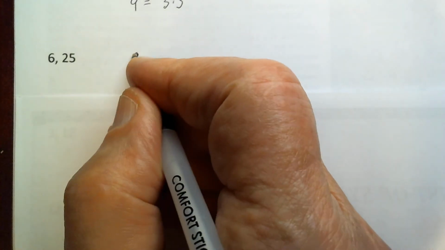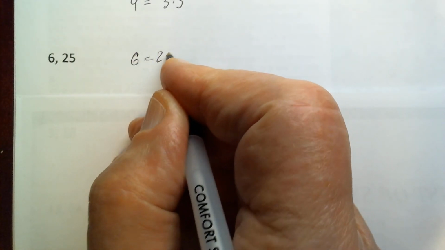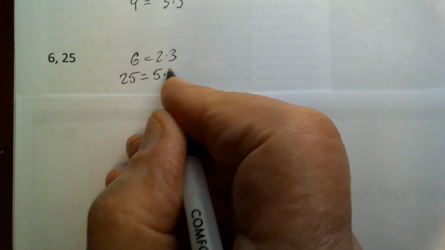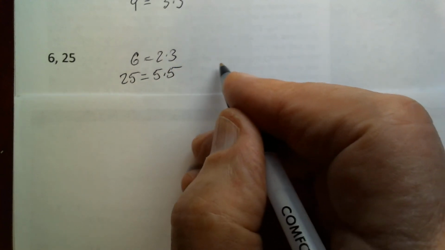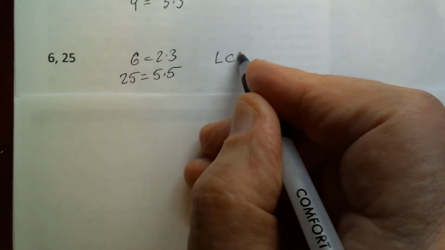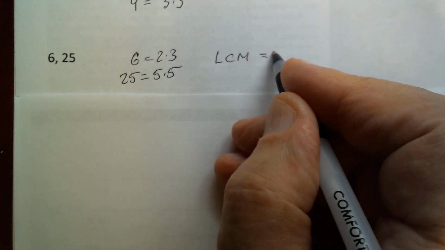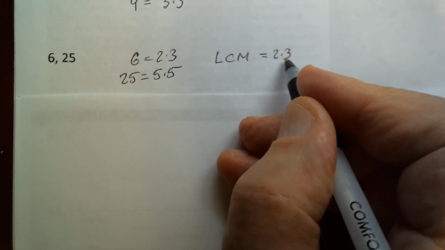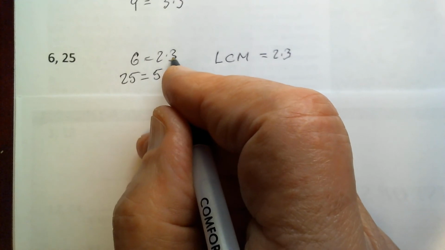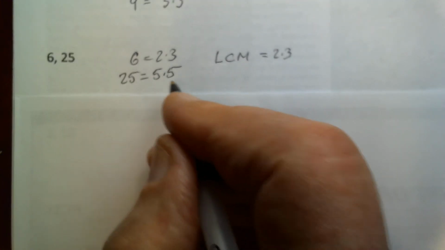And for finding the LCM of 6 and 25, the prime factorization of 6 is equal to 2 times 3, and the prime factorization of 25 is equal to 5 times 5. So therefore the LCM is equal to 2 times 3. 2 occurs once, 3 occurs once as a factor, and 5 occurs twice.